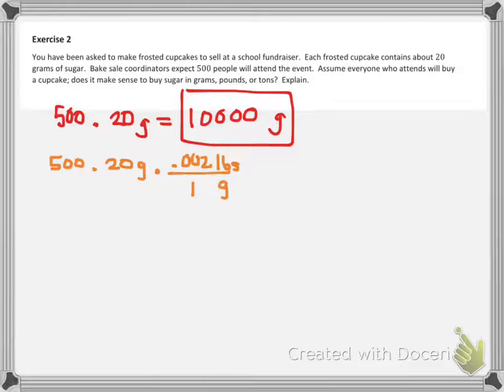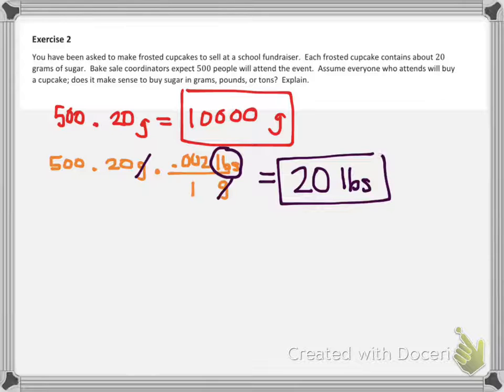And then, using the unit analysis, I can cancel my grams. I get pounds, that's what I want. And then I just have to multiply 500 times 20 times 0.002, and that turns out to be 20 pounds. That one sounds nice. I like that. So there's our second one.